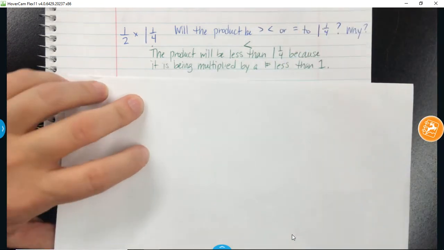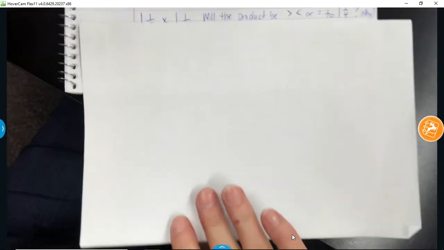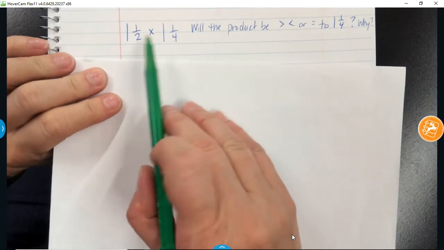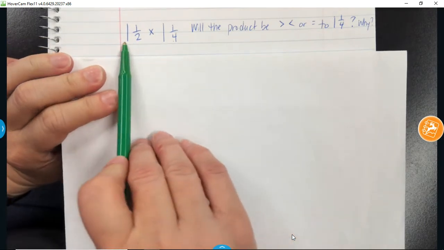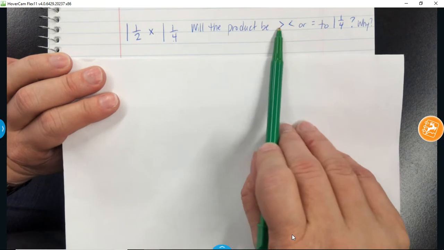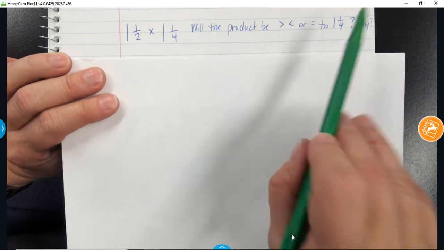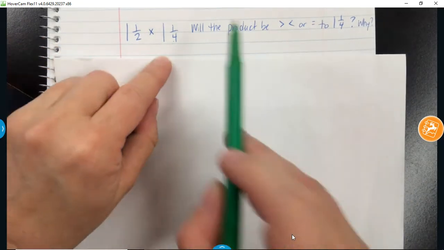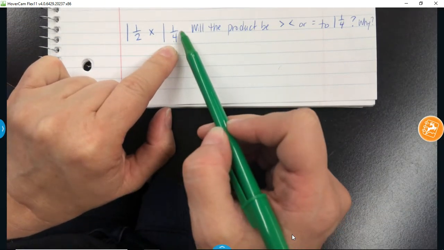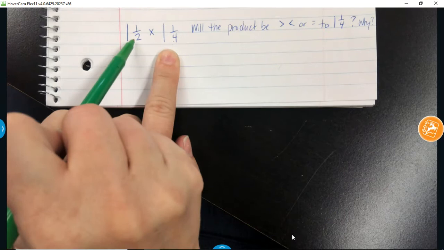That's why. What about this? Oh, geez, I'm still comparing to 1 1/4, but this time I'm multiplying 1 1/2 by 1 1/4. Will the product be greater than, less than, or equal to 1 1/4? Again, we're comparing to 1 1/4. What is it being multiplied by? It's being multiplied by 1 1/2.